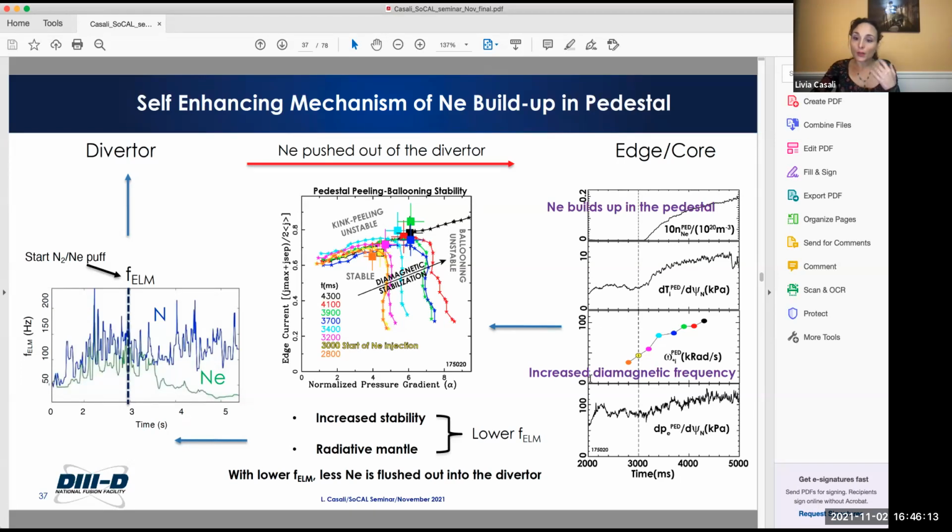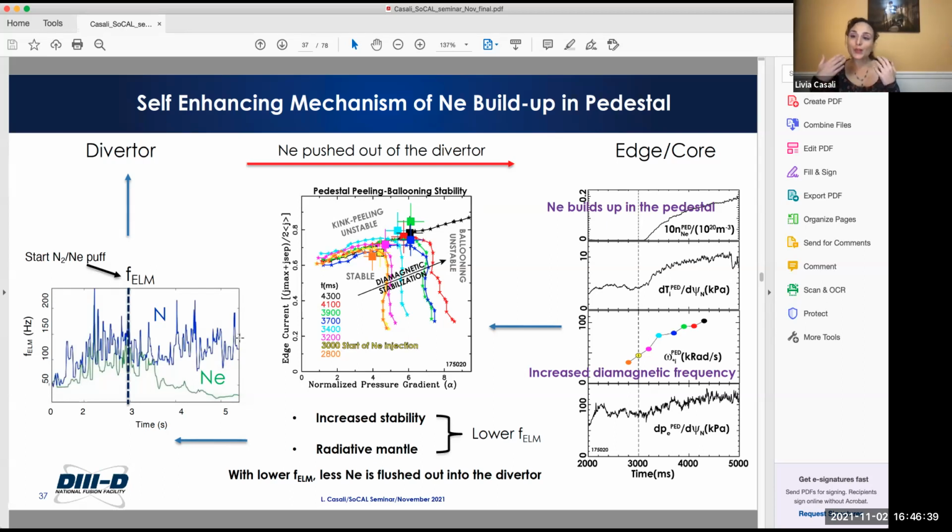And now in the pedestal, we also see an increase in the diamagnetic frequency. The diamagnetic frequency is responsible for an improved pedestal stability, which together with the radiative mantle is the cause of this reduction in the ELM frequency.